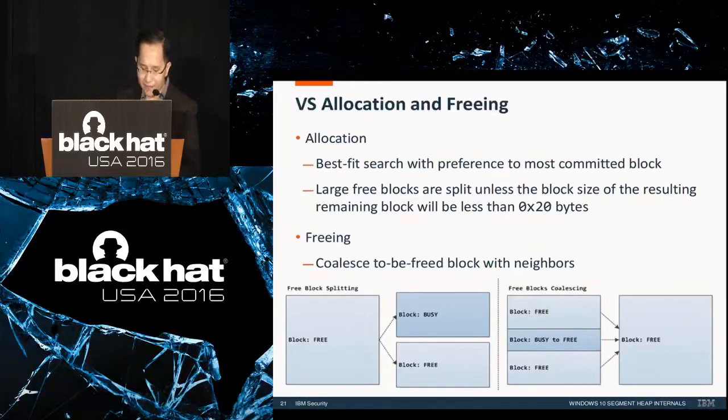And large free blocks are split unless the size of the resulting remaining block will be less than 20 hex bytes, because 20 hex bytes is the size of a free VS block header. So for freeing, the to be freed block is coalesced with the neighboring free blocks to reduce fragmentation.